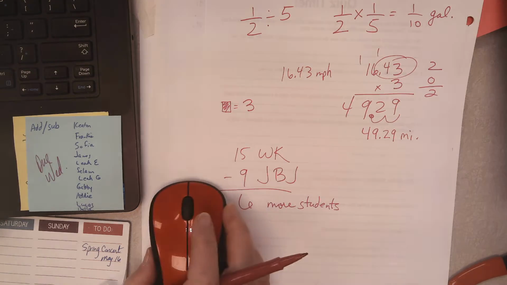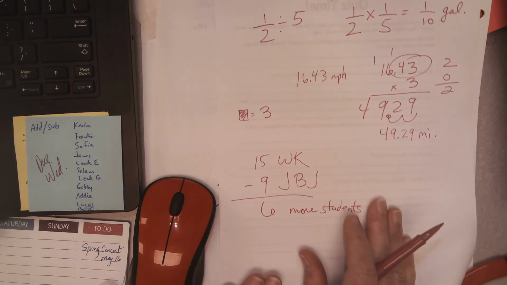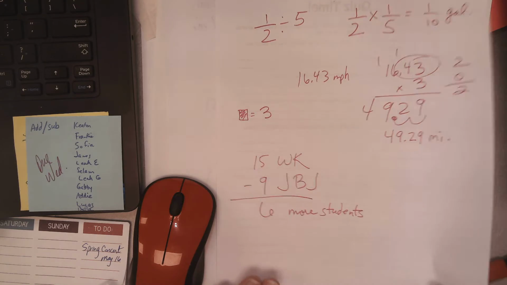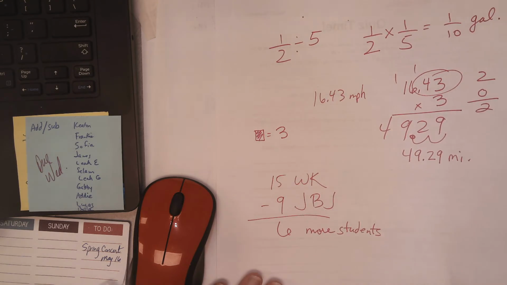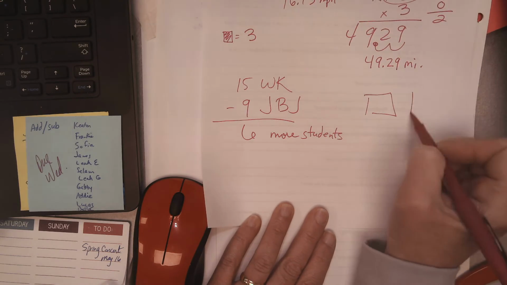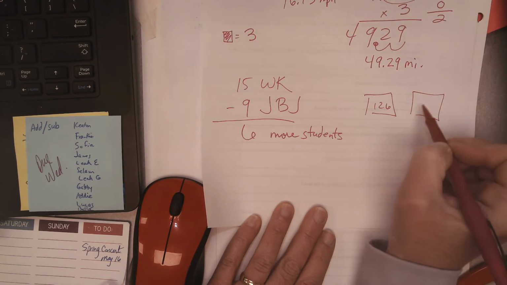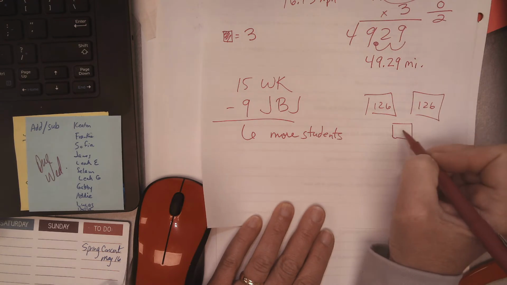Ralph is putting candy in bags for his birthday party. He bought 2 large bags with 126 pieces each and 1 small bag with 47. How many pieces of candy does he have for his gift bags? Okay, so he has two large, 126 in each one, and then 1 small bag that has 47.